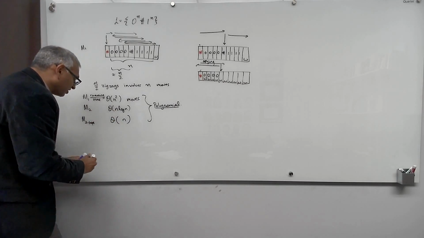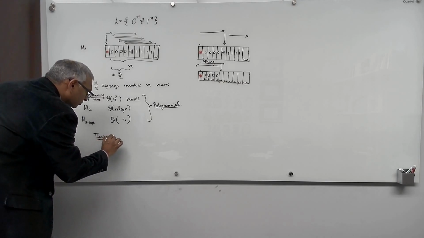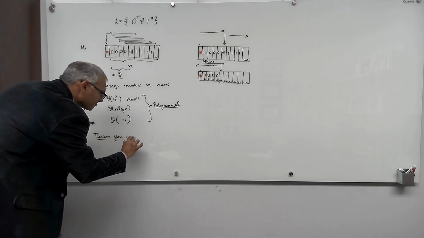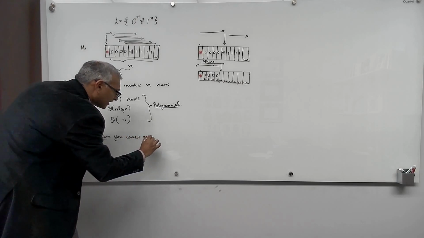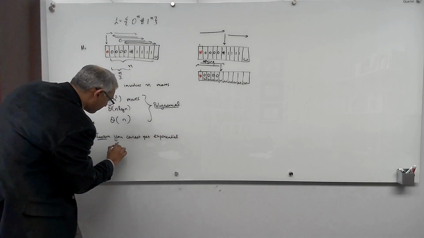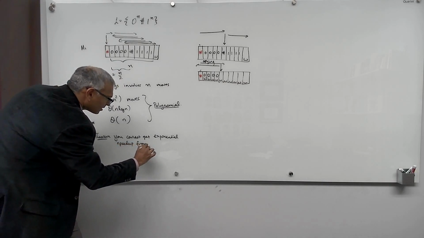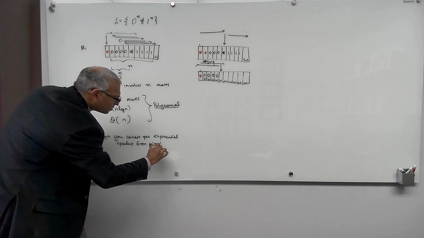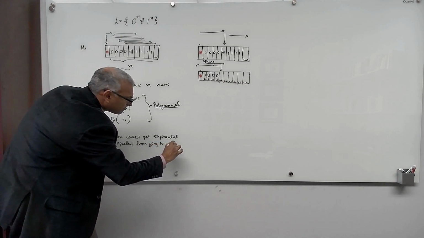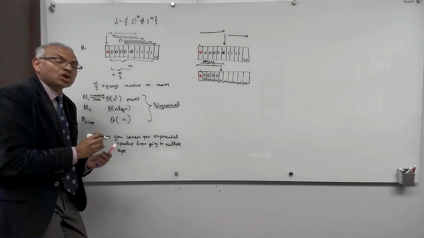For example, n squared to n. Okay. So theorem. You cannot get exponential speed up from going to multiple tapes. You cannot.